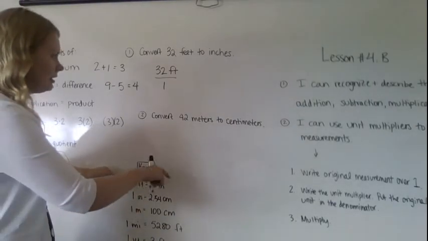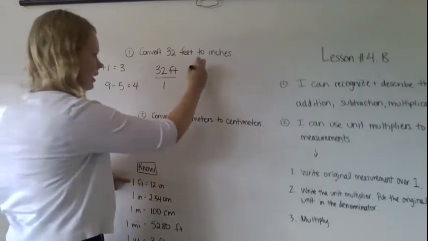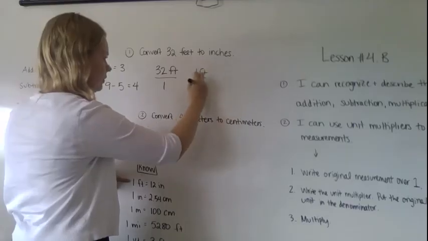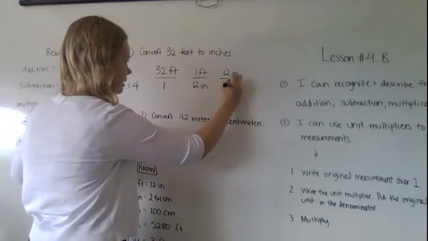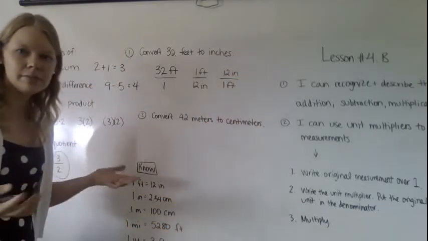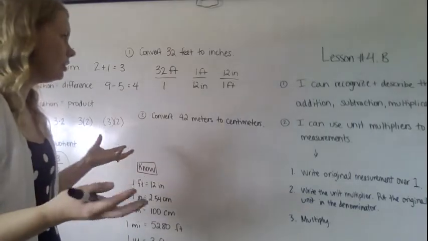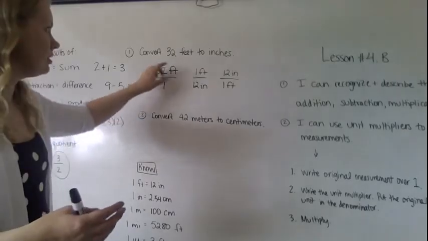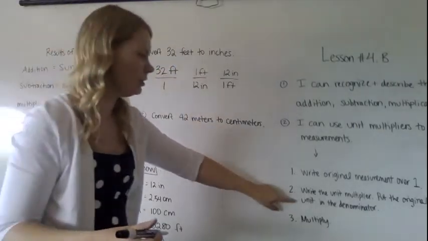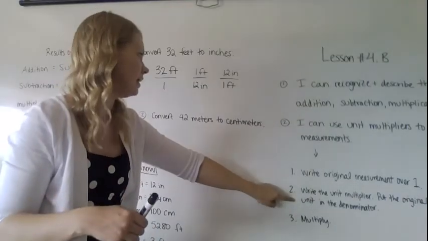Now, we could write this one of two ways. We could write 1 foot over 12 inches, or we could write 12 inches over 1 foot. Okay? Either one of those is equal to 1, and so we could use either one of those unit multipliers technically. Now, in order to solve this problem, we are going to put the original unit in the denominator.